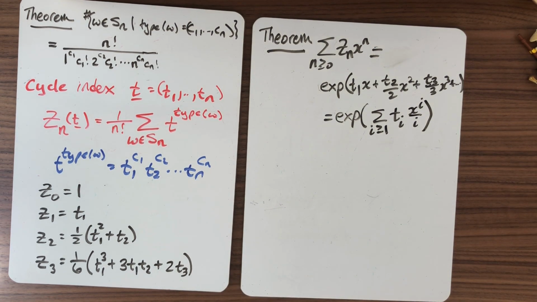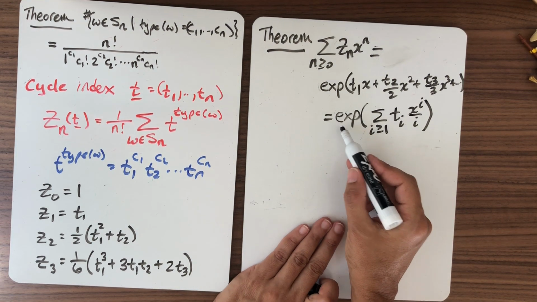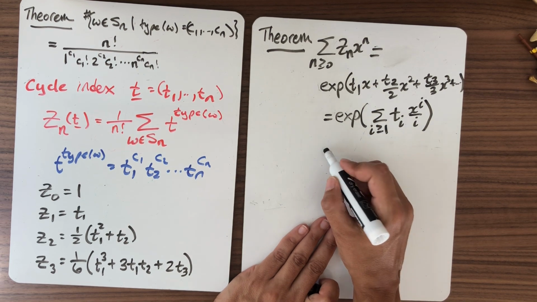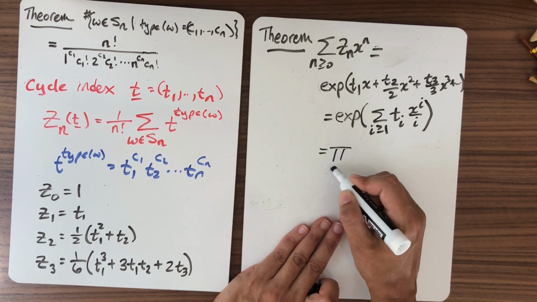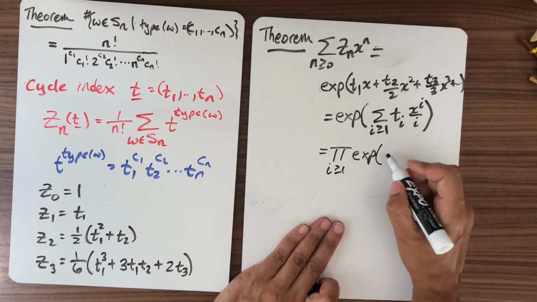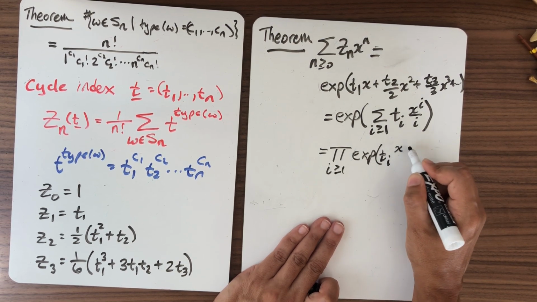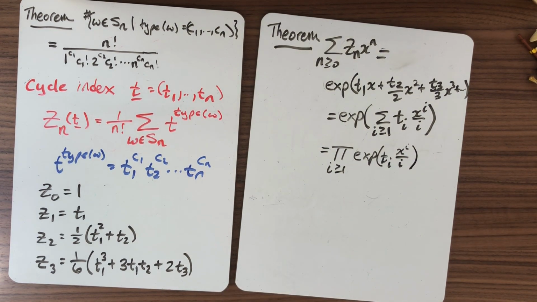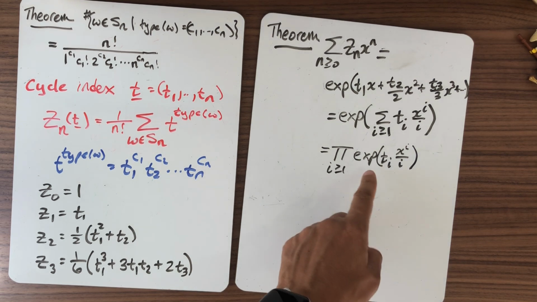And now to give a proof of this, let me just continue manipulating this term here. I have an exponential here, so I have a sum in the exponents. I can pull that out as a product. So this is the product, i greater than or equal to 1, of the exponent of t sub i x to the i over i. So now I'm multiplying all of these e terms, but I know what e of x is.